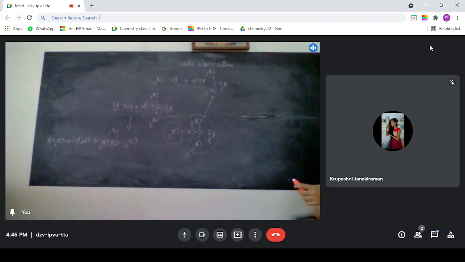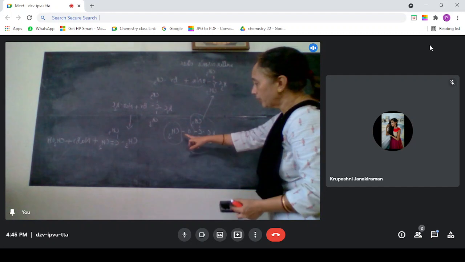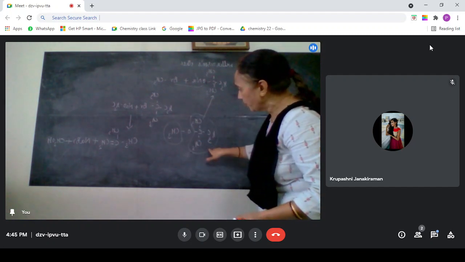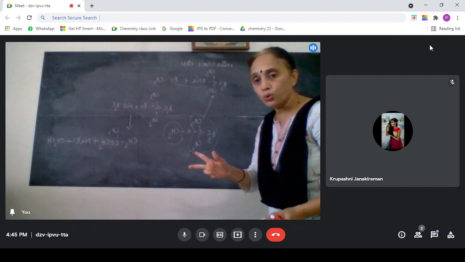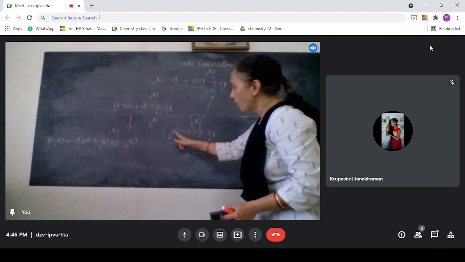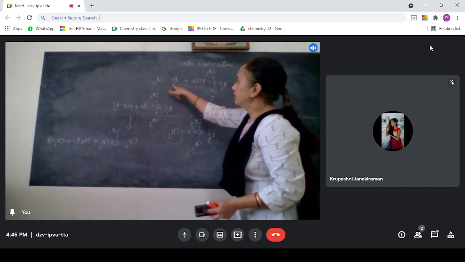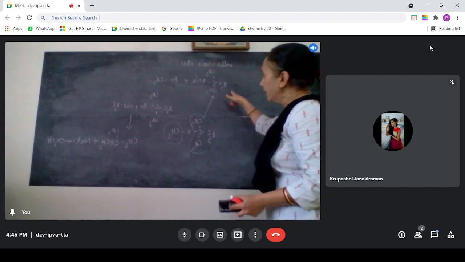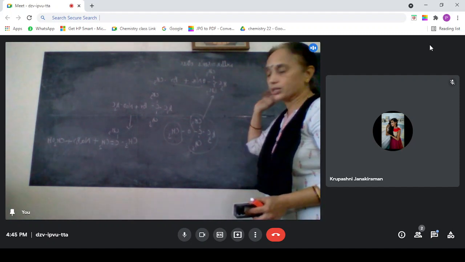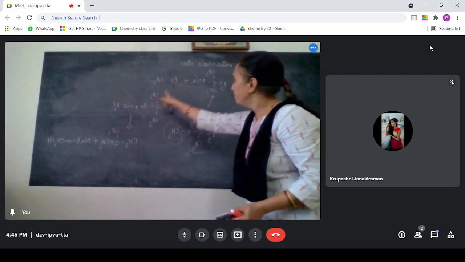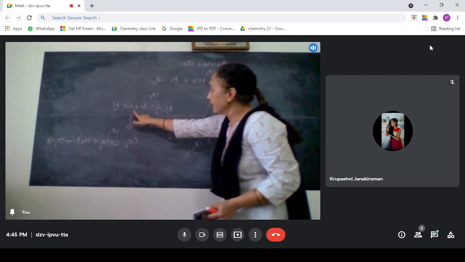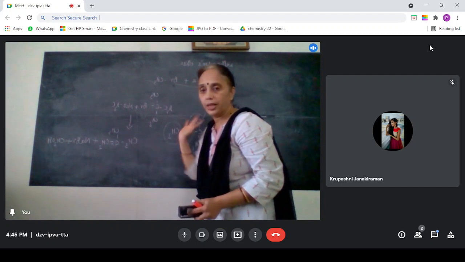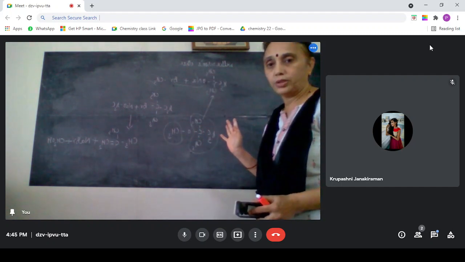So if you want to prepare like this, always choose the smaller group with the halide and the bigger group with the alkoxide. Then only you will get the substitution. That is the ether you get. If you take the reverse, you will end up with elimination. This only they will catch you. They will ask you to choose.